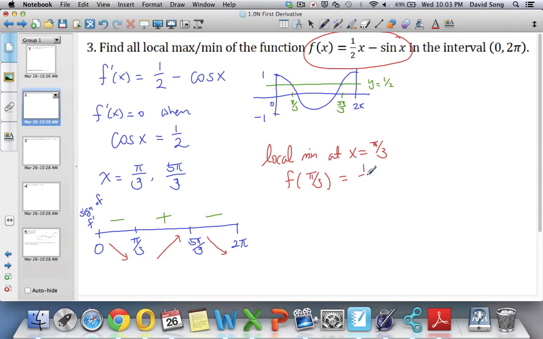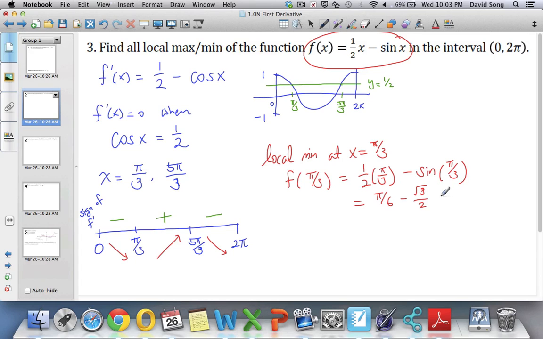That's going to be 1 half times pi over 3 minus sine of pi over 3. Okay, that's going to be pi over 6 minus sine of pi over 3, which is square root of 3 over 2. Okay, so that's your minimum value.